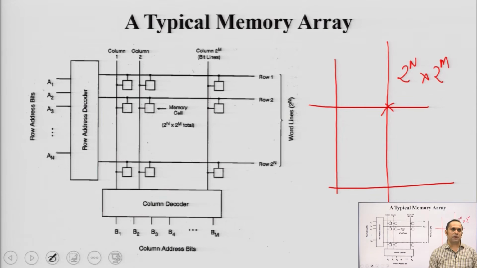This is a typical memory structure where you have a row arrangement and a column arrangement, and wherever your rows and columns intersect, you are hitting a particular memory cell. And the size determines how many row addresses you have, how many column addresses you have. That basically tells you the size of the memory, right.